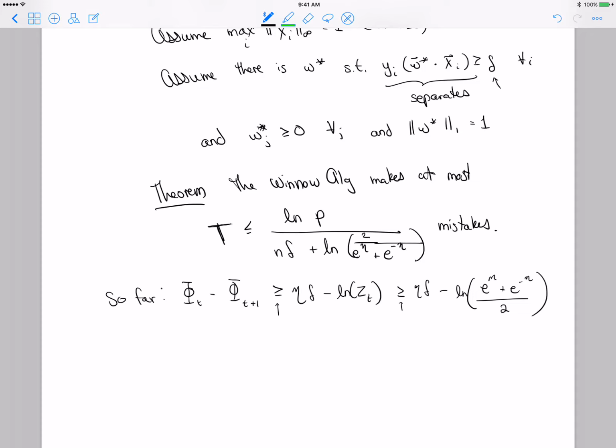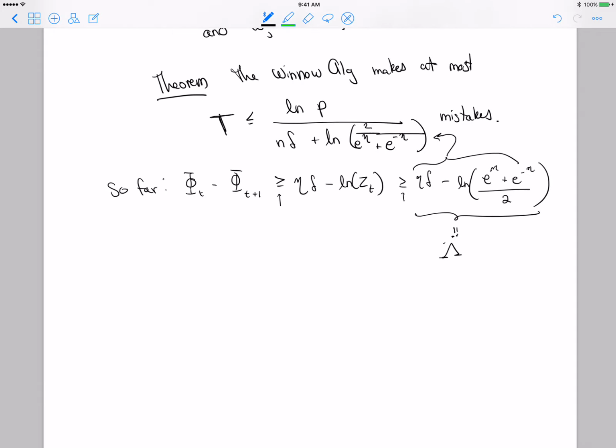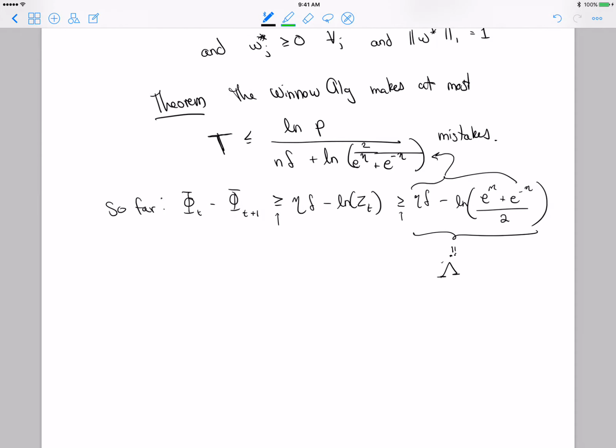And the interesting thing, of course, is that this is actually the same as this lovely denominator right there in the theorem. So we're going to define that to be called delta.